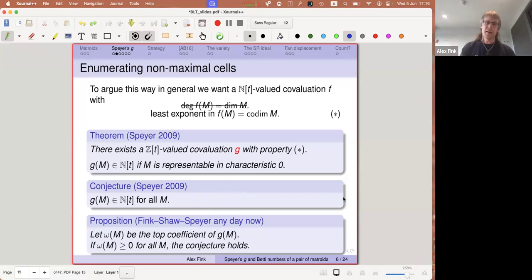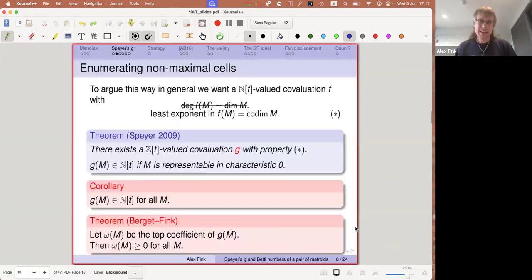Chris Shaw has a formula for omega, or for G rather, you evaluate that locally on a face of the Bergman fan, and it turns out it breaks up into a product of sums of G and known positive things. So that's from 2016. We should finish that paper soon.